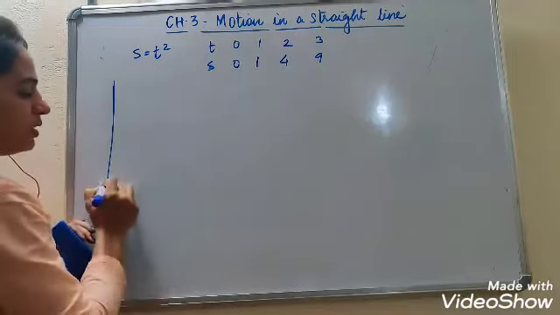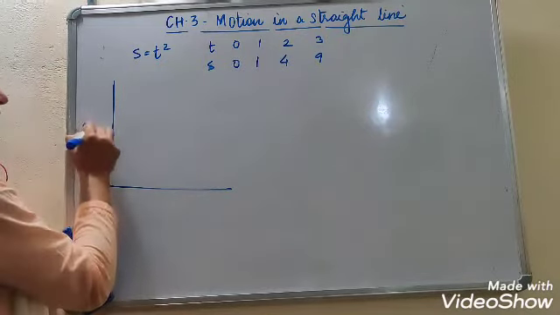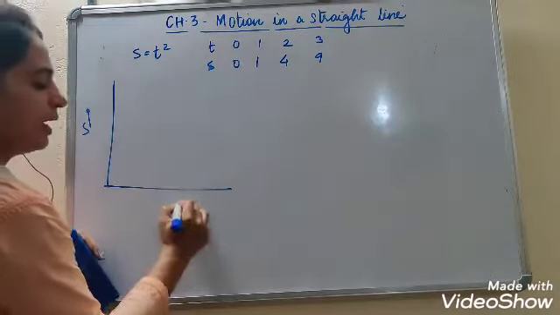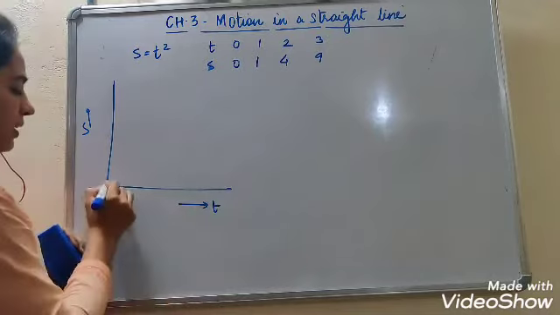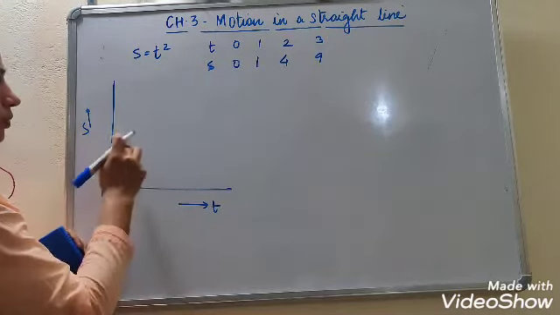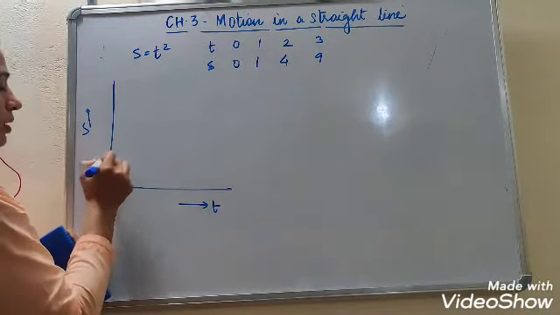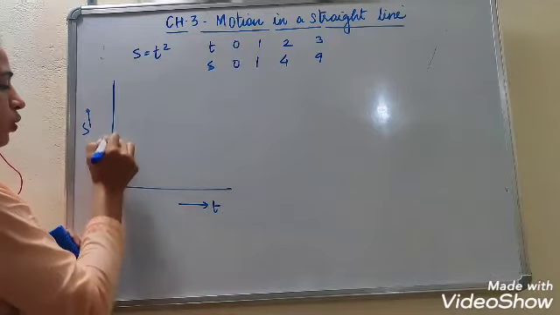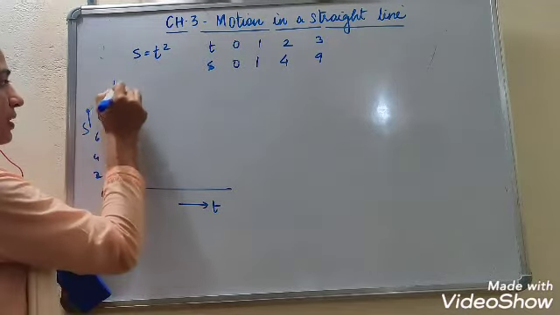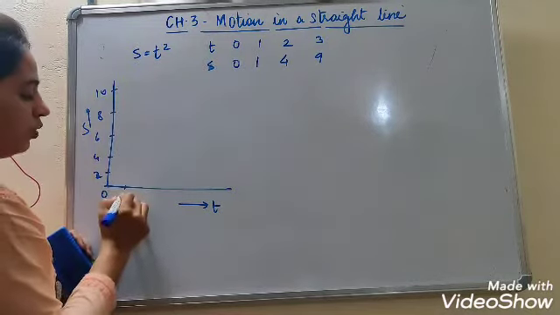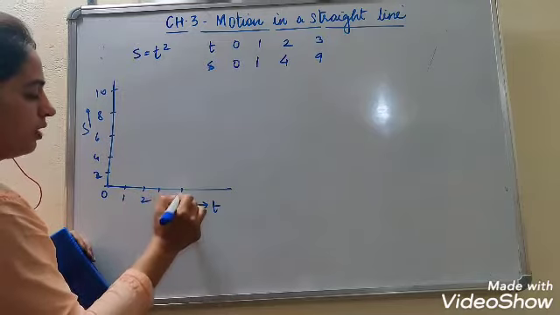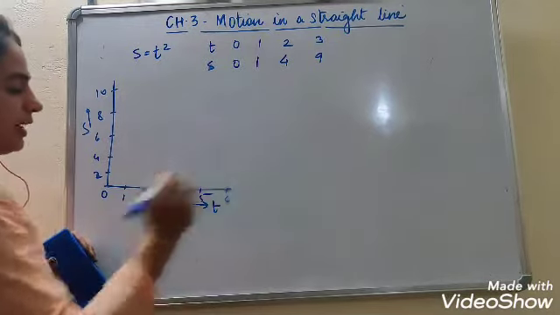If you want to plot this on a graph, then taking S on the y-axis and time on the x-axis, 0, 2, 4, 6, 8, 10 like this, and 0, 1, 2, 3, 4, 5, 6 like that.